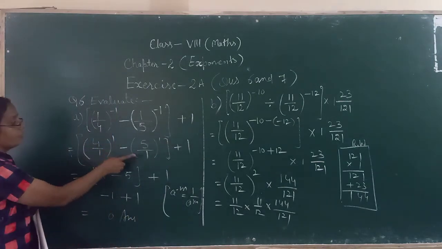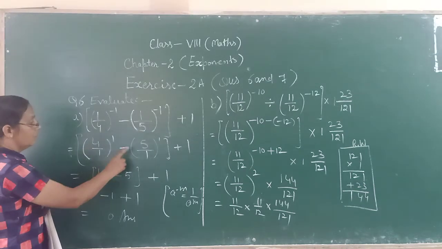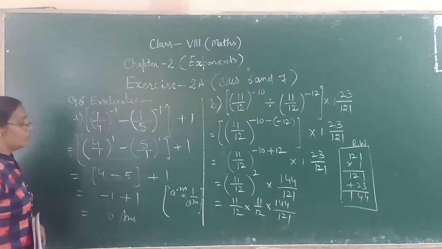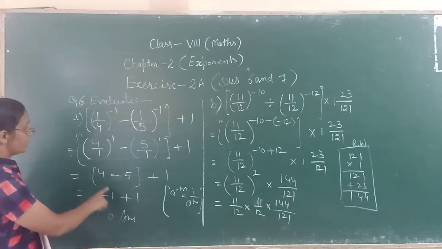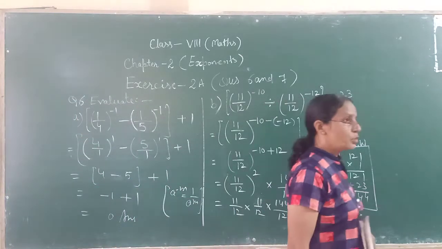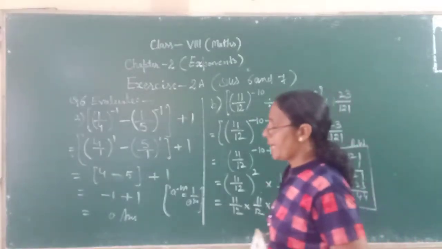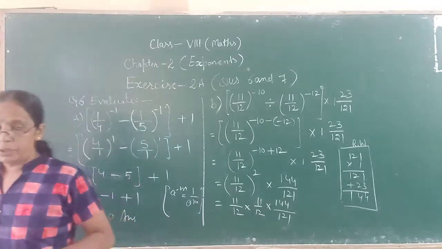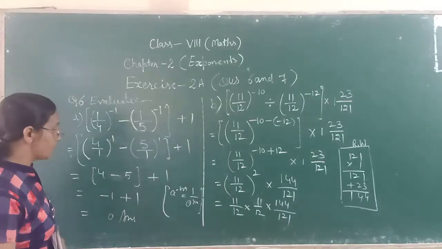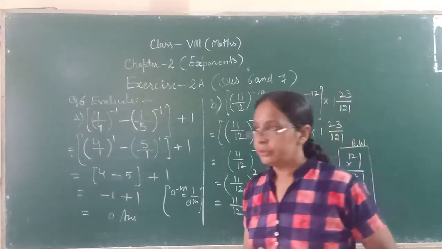Now simplifying this, for the denominator 1, we can write 4 minus 5, bracket closed, and plus 1. When we have one negative and one positive integer, we always have to subtract, maybe first negative, maybe second negative, but in both cases we subtract and put the sign of the greater integer with the answer.